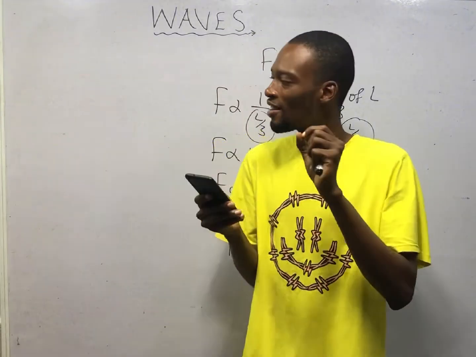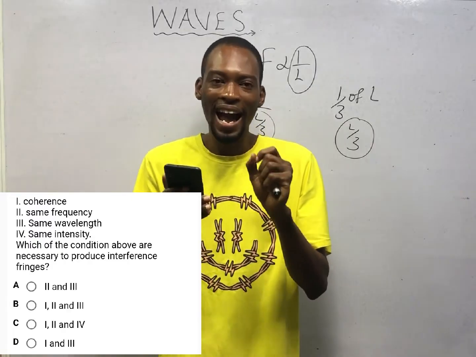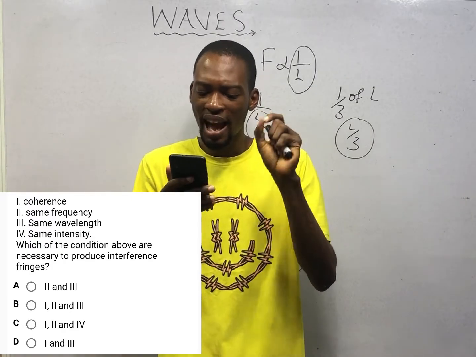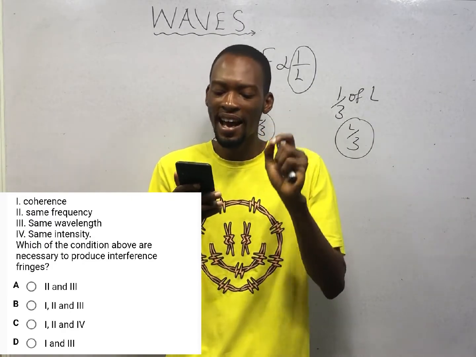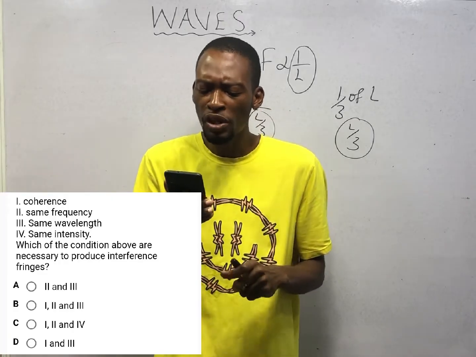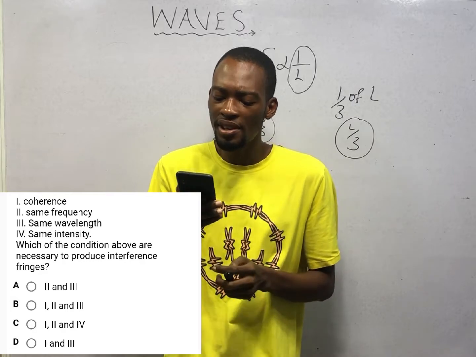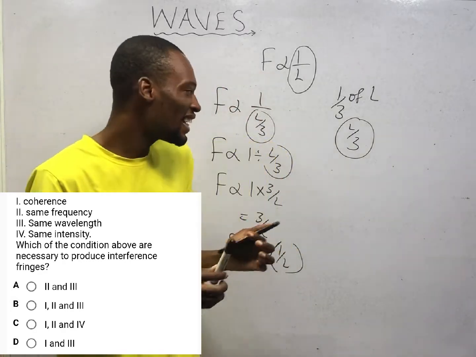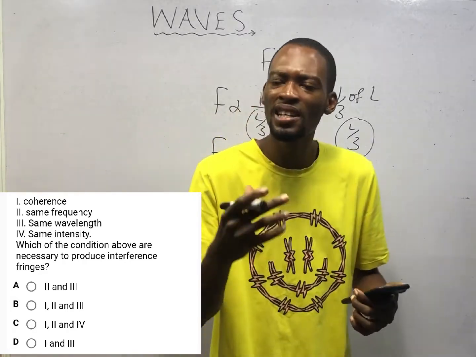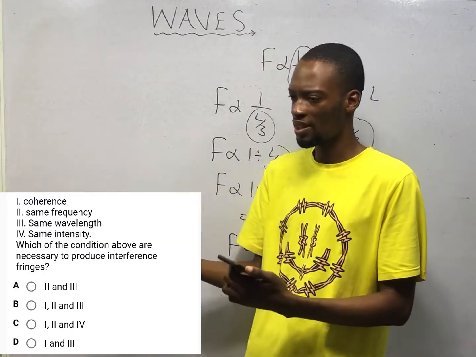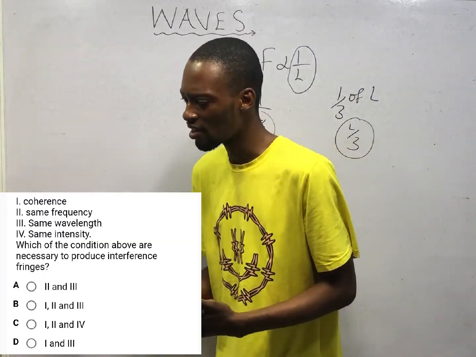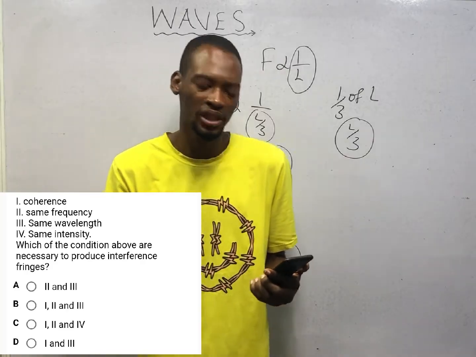Here it says I, coherence, II, same frequency, III, same wavelength, IV, same intensity. Which of the conditions above are necessary to produce interference fringes? Earlier in this video, I explained the properties of waves. Then, under interference, I gave the conditions for interference.